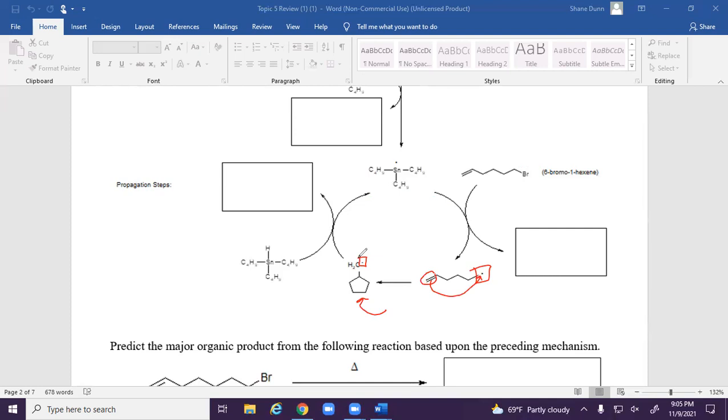So the ring closes. We still have Bu3SnH in solution, correct? Forms homolytic. Takes a hydrogen, and the process goes over and over and over again.